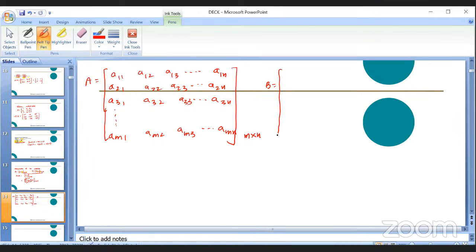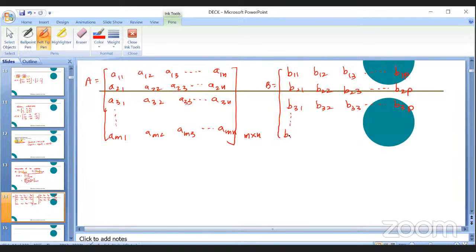Suppose B has B11, B12, B13, so on up to B1p. B21, B22, B23 up to B2p. B31, B32, B33 up to B3p.